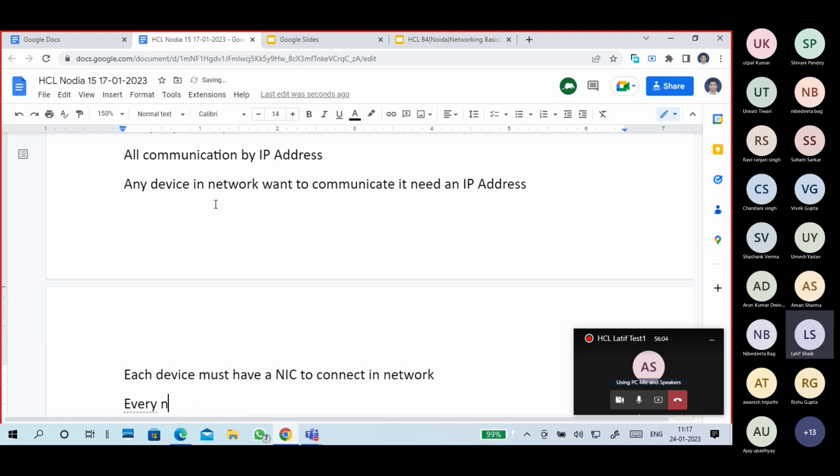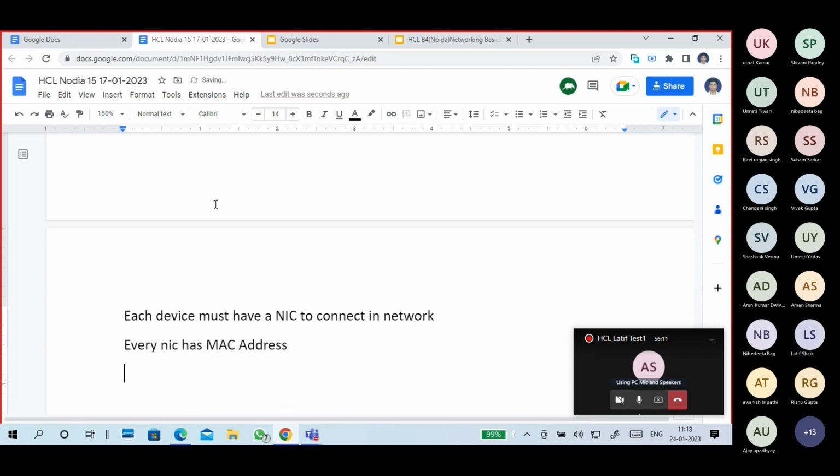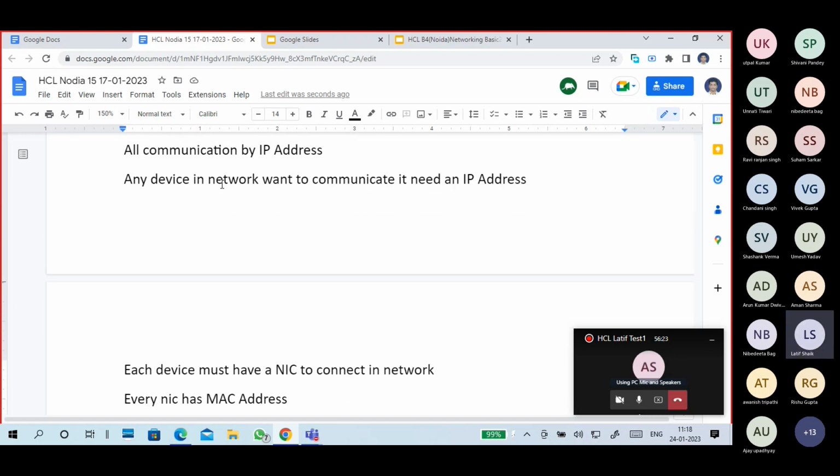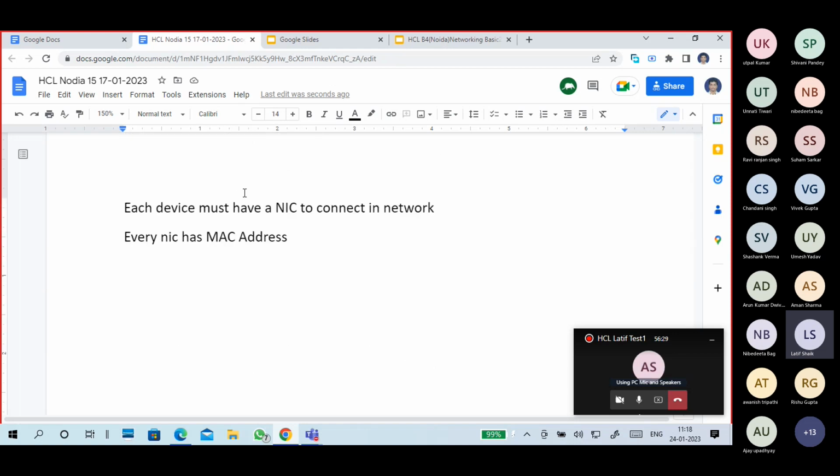Every NIC has a MAC address. Every NIC has a MAC address. These are 2 points, already we know that one. Any device in the network that wants to communicate needs an IP address. Without an IP address, we can't communicate.